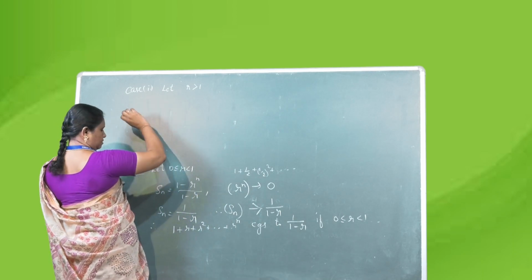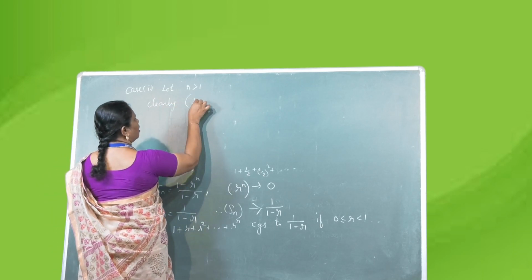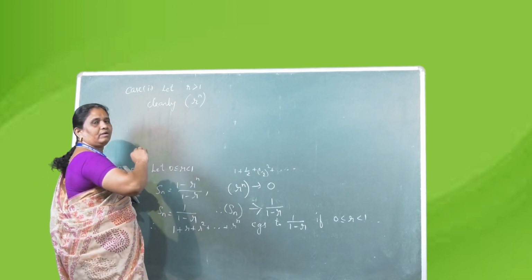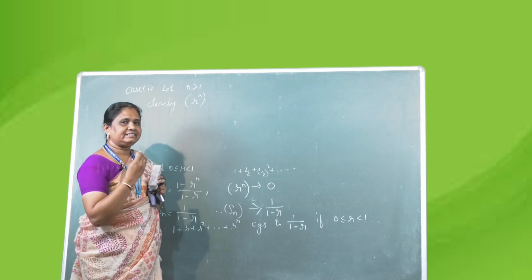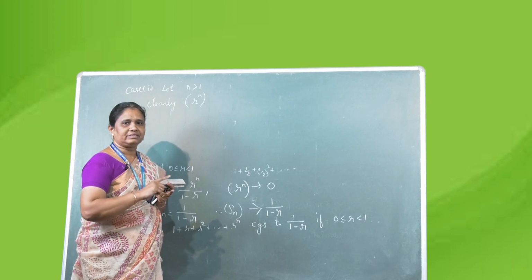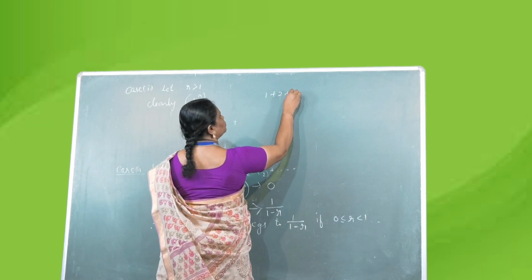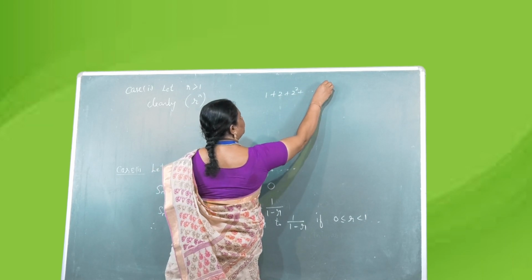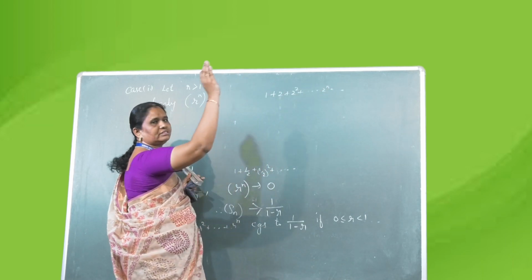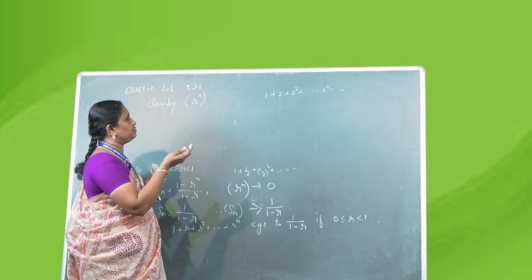Then clearly the sequence r power n, what are the values of r? If r is greater than 1, r may take the values 2 or 3 or 4, etc. Then we get the series 1 plus 2 plus 2 square plus etc. 2 power n plus etc. And these values diverge as the sequence is not bounded above, therefore it diverges to infinity.